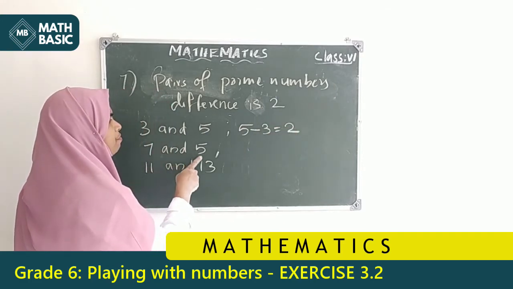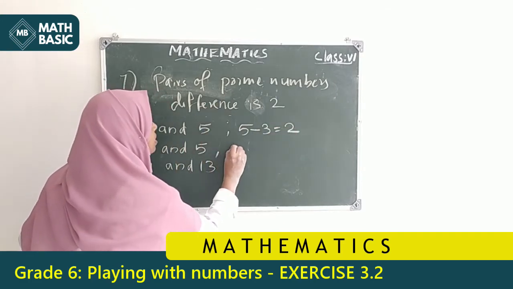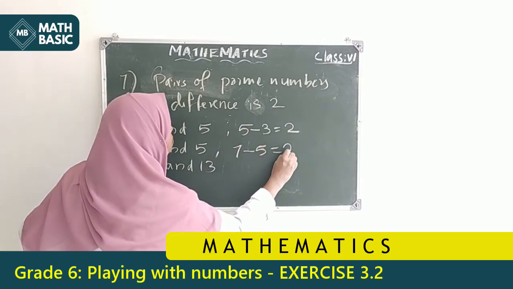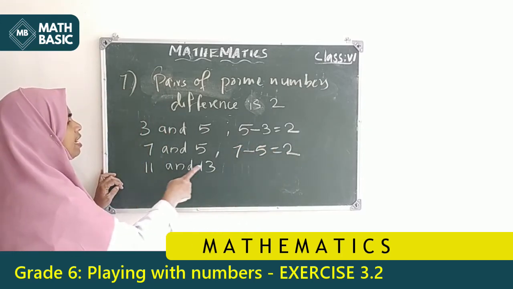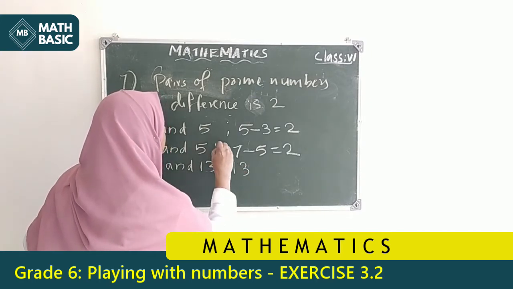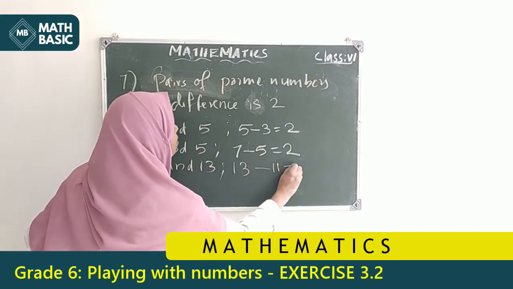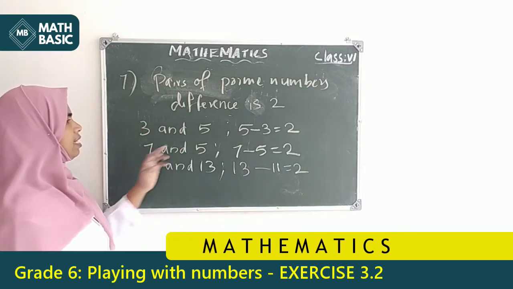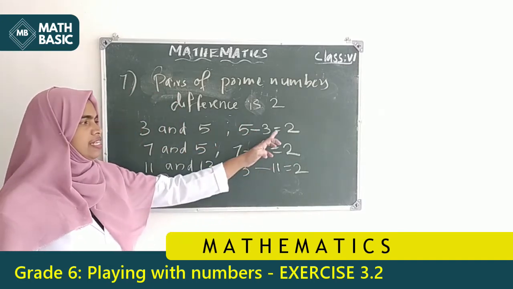Here 7 and 5 are prime numbers, and 7 minus 5 equals 2. Then 11 and 13 are prime numbers, and 13 minus 11 equals 2.